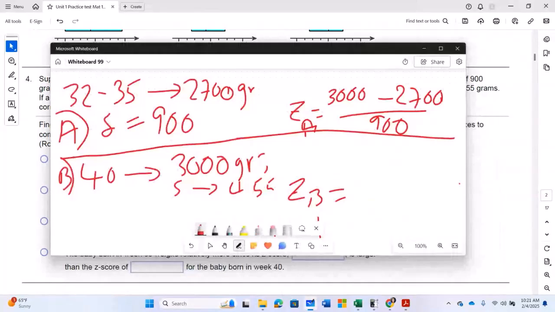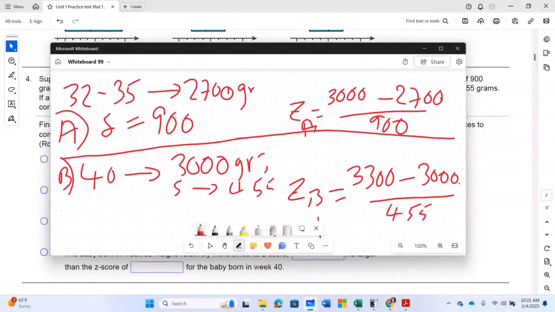So I'm going to have the value 3,300 minus the mean. The mean right here is 3,000, according to the information given to us, divided by the standard deviation 455. Okay, so these are all the information given to us.